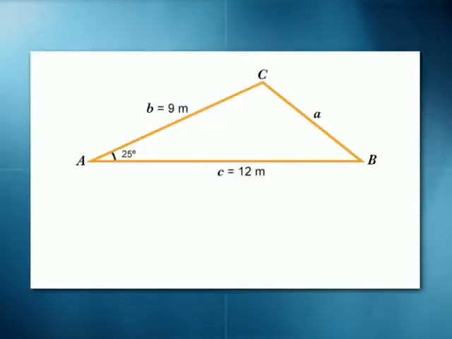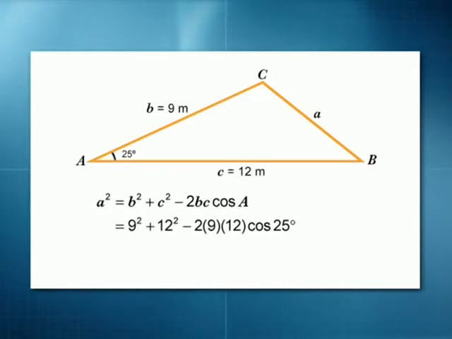How can we get the rest of this triangle? Well, the first thing we could figure out is the opposite side, the side opposite angle A, and this is a perfect setup for the law of cosines. Here it goes. The law of cosines says that A squared, that missing side, is B squared plus C squared minus 2BC cosine A. That's precisely the law of cosines applied to our situation.